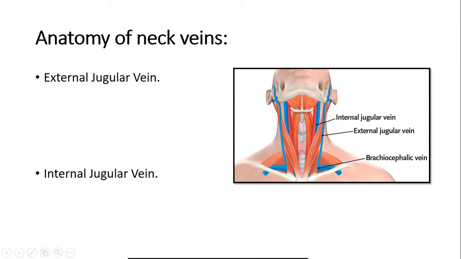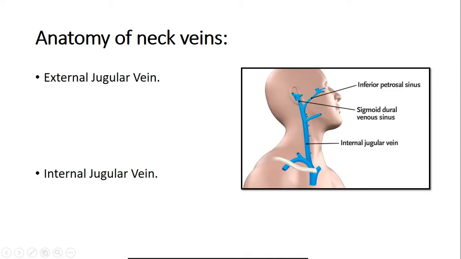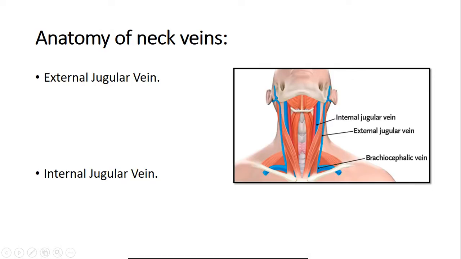Another photo. This is the internal jugular vein, which comes as a continuation of the sigmoid dural venous sinus.